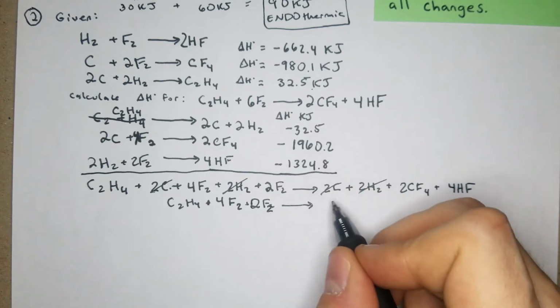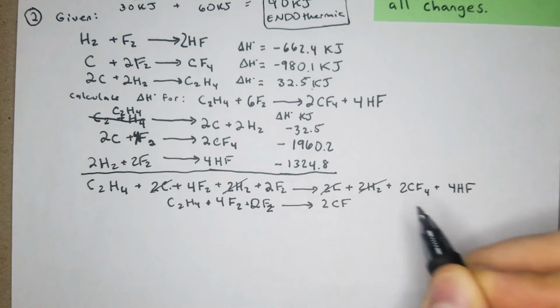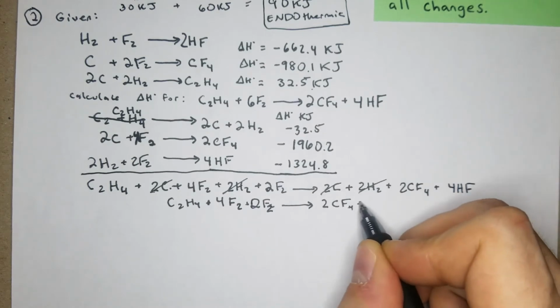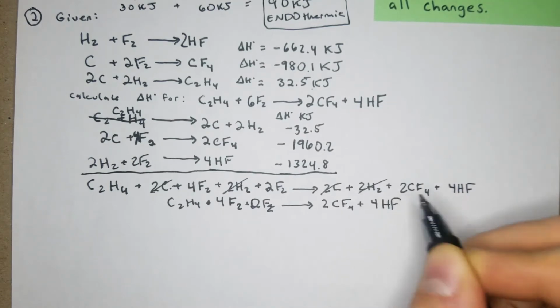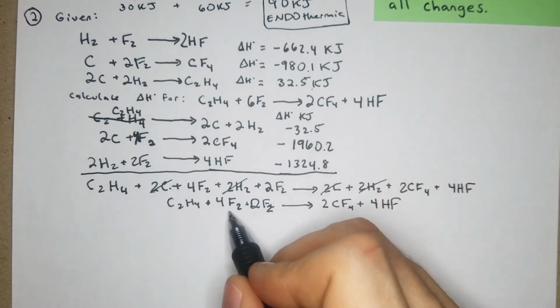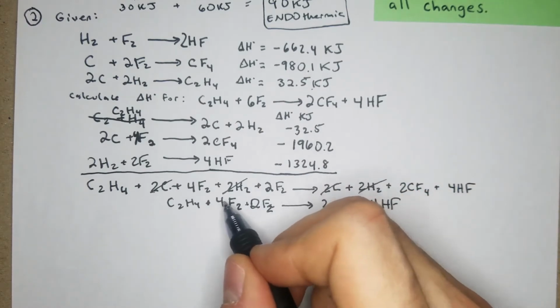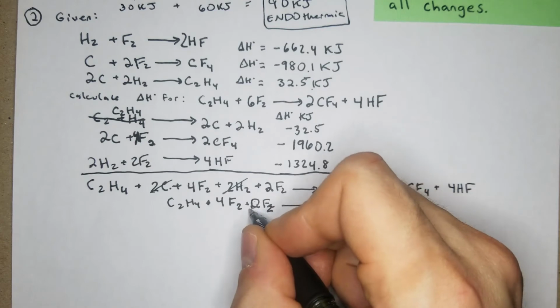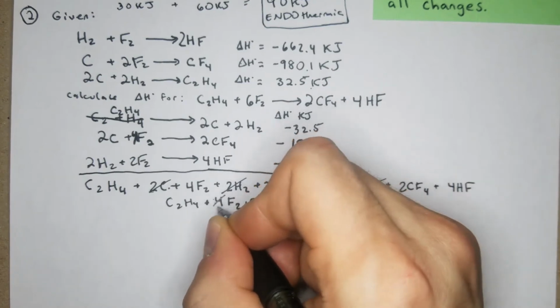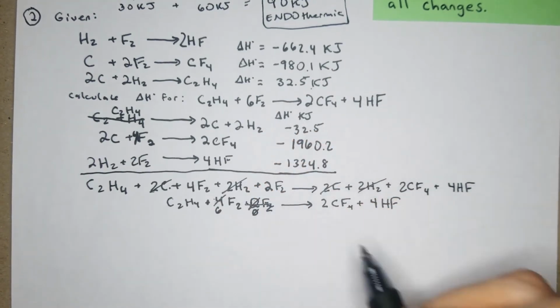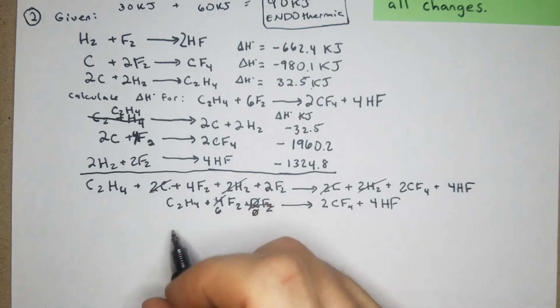Yields 2CF4 plus 4HF. So obviously we'll consolidate that. This is going to be 6. And there we go. We figured it out.